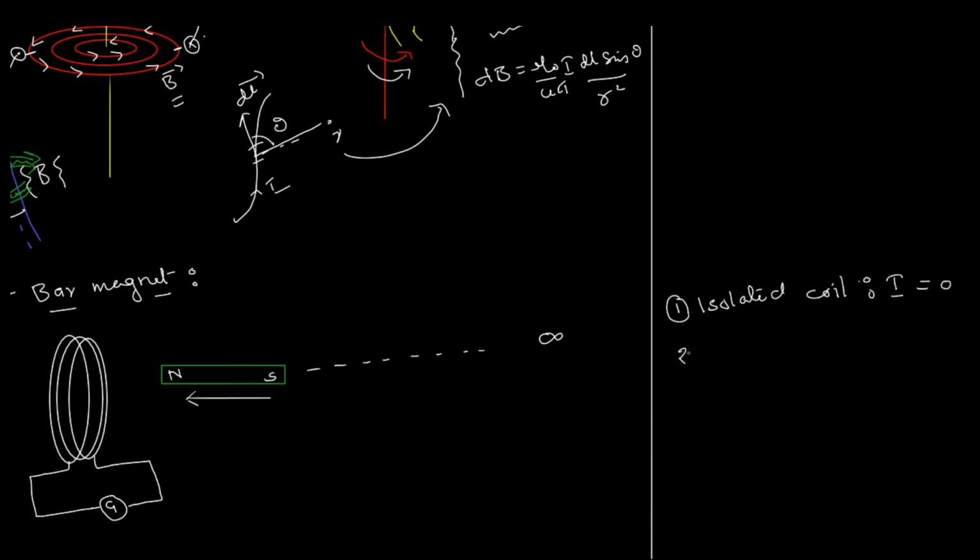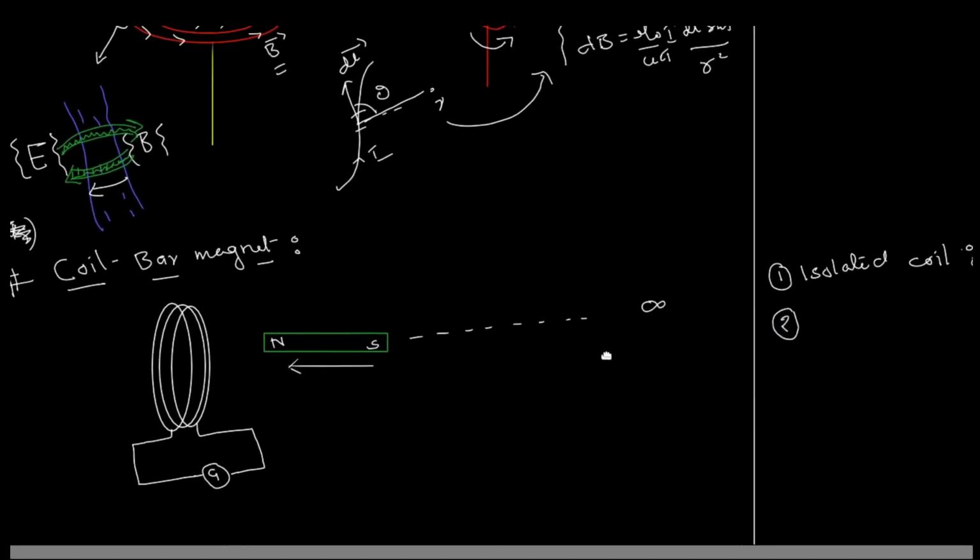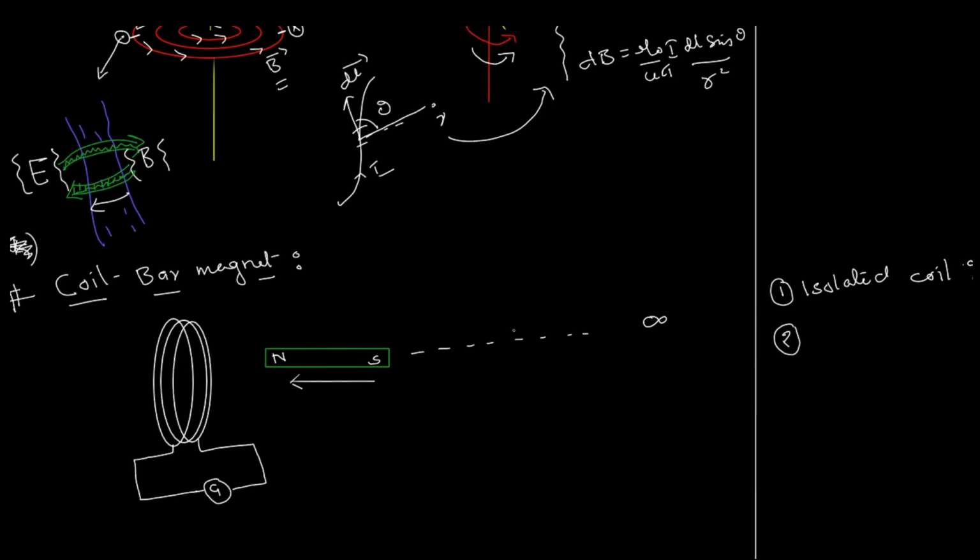Second case, I'll bring the bar magnet close. I'll write that once I'm done discussing. If I start bringing this bar magnet, obviously I'll be starting from infinity and slowly moving in this direction. Eventually, at one point or the other, the bar magnet will have come close enough to have its effect.